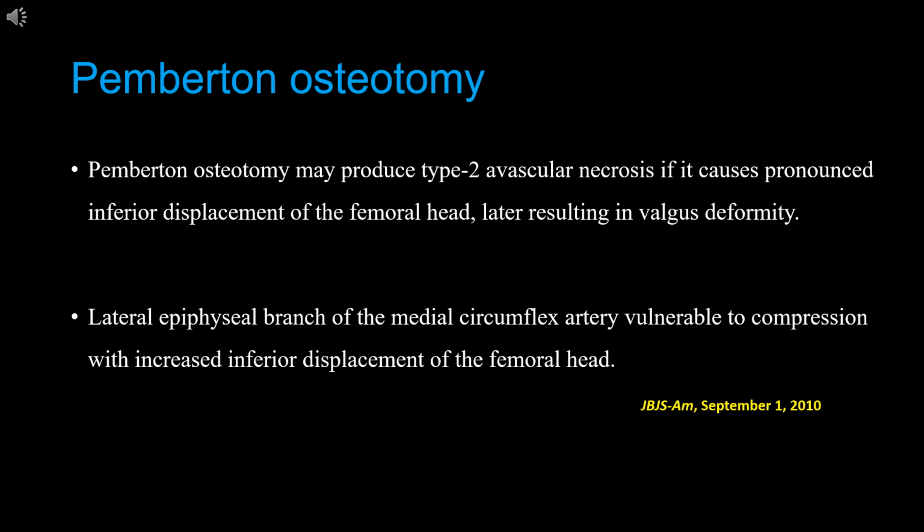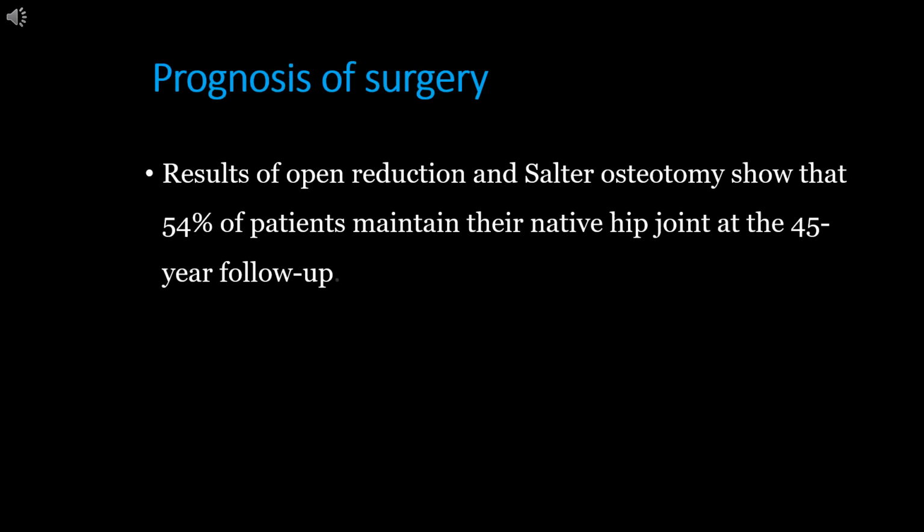They postulated that the lateral epiphyseal branch of the medial circumflex artery was vulnerable to compression with an increased inferior displacement of the femoral head. Results of open reduction and Salter osteotomy show that 54% of patients maintain their native hip joint at 45-year follow-up.